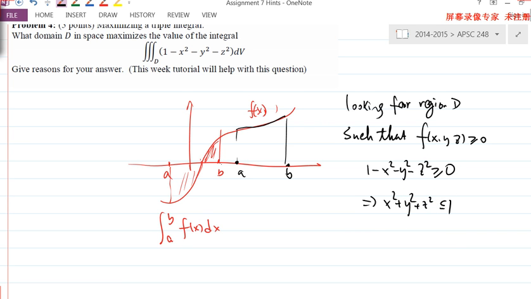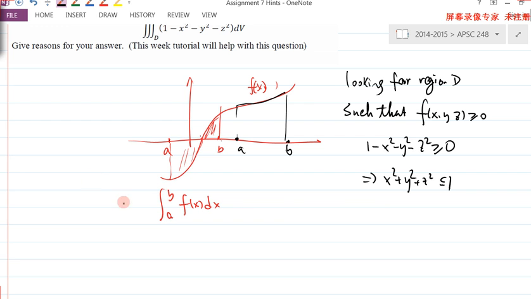So for any x, y, z belonging to this region, we have this function greater than 0. And this happens to be the interior of a sphere, so that's essentially the region D you're looking for.